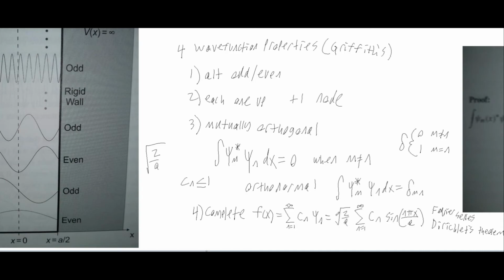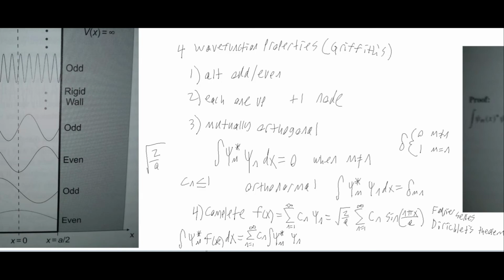And so what we can say then is that if we take the integral of this wave function, which satisfies the Schrodinger equation, and this one, which is a linear combination of other wave functions, then this is equal to the summation from n equals 1 to infinity of Cn multiplied by the integral of the complex conjugate, that's m, and then this one here, because we said that this is equal to this summation of Cn times psi n. So the Cn is still there.